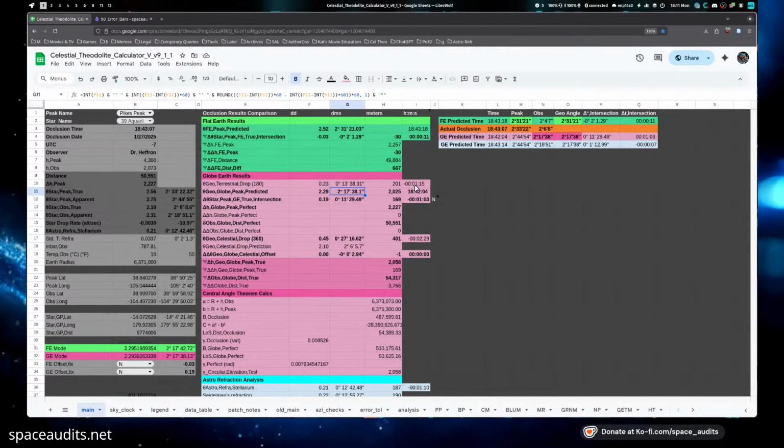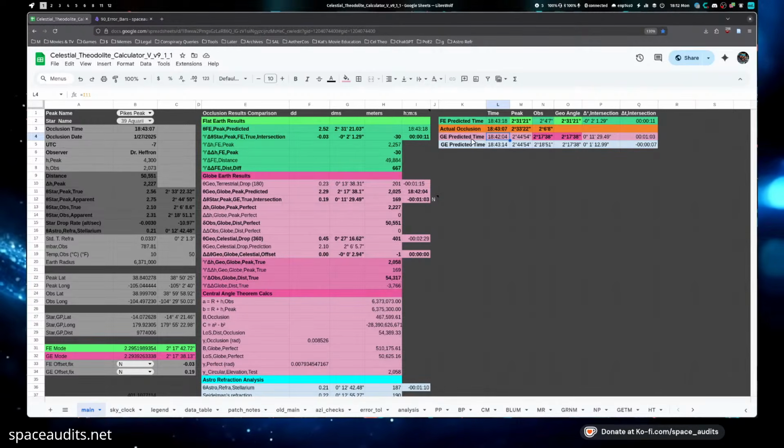Because for the globe, they say that the elevation angles to the stars are a physical product of where they're located on the globe, and only curvature between you and the star essentially would cause this angle to occur. So this is the physical angle at which the star's true position would have intersected with the mountain peak for the globe, and the time that it comes out to would have been 6 p.m. 42 minutes and 4 seconds. But the star didn't intersect there.